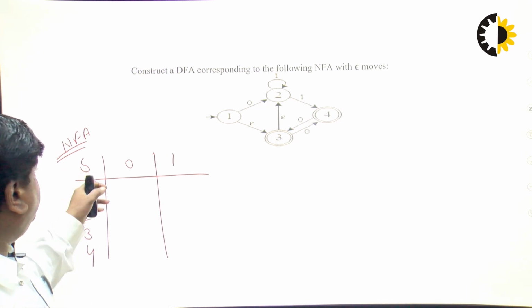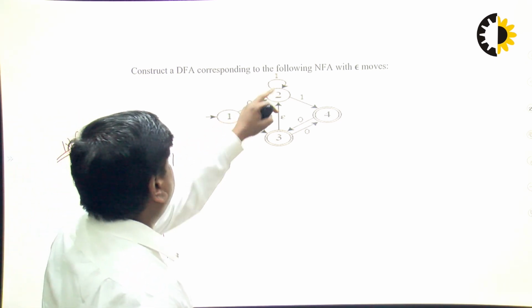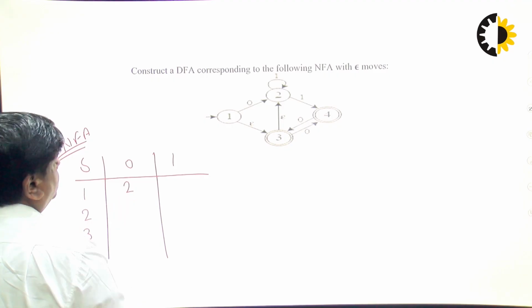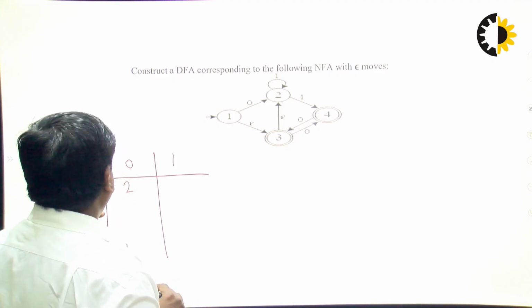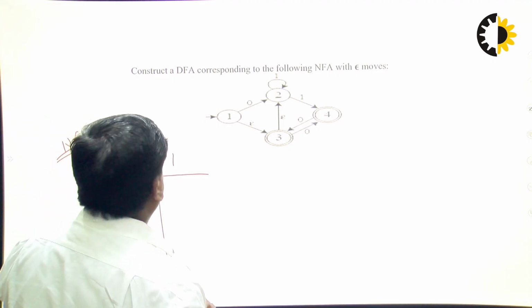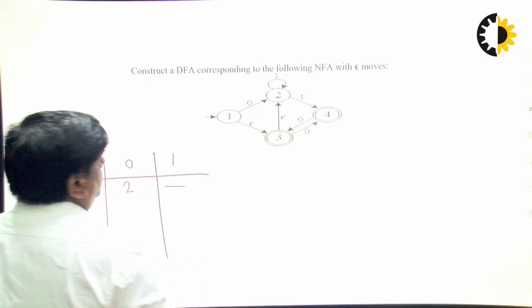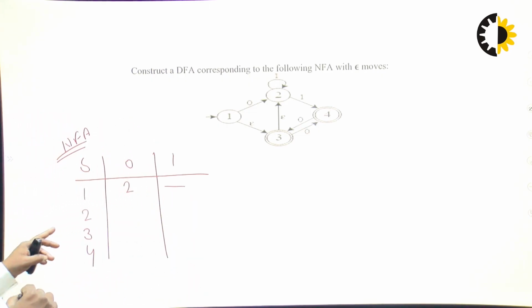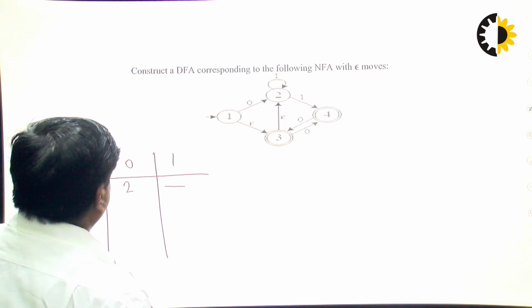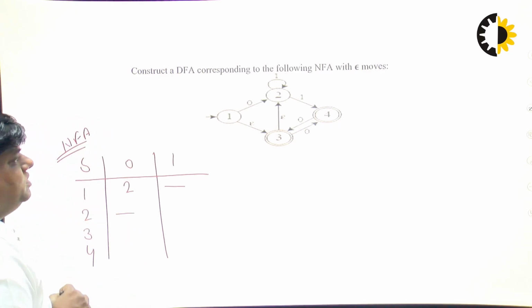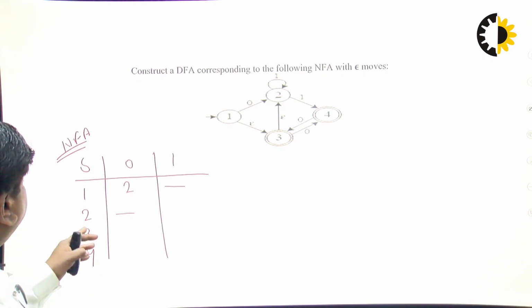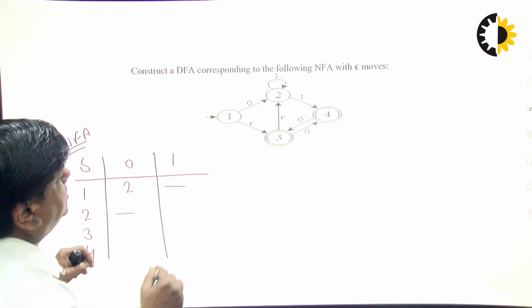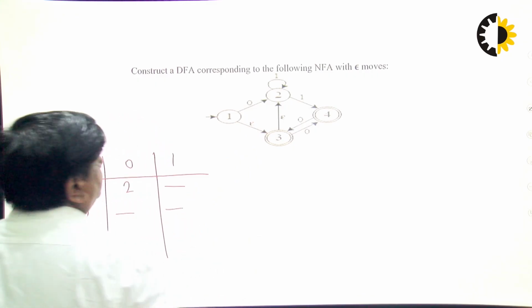Now, on state 1, on 0, we move into state 2. From state 1, on 1, it gives no state. Now, on state 2, for 0, no transition.